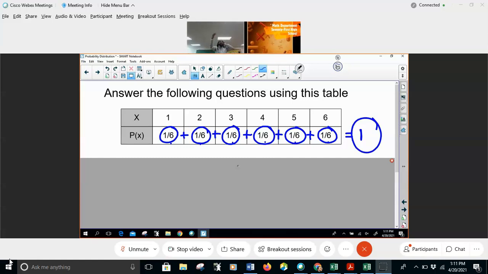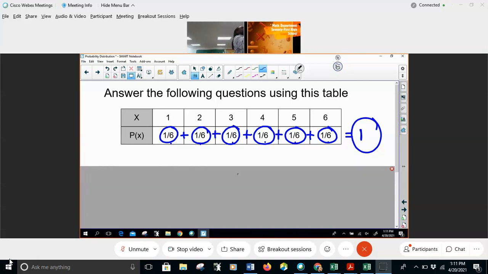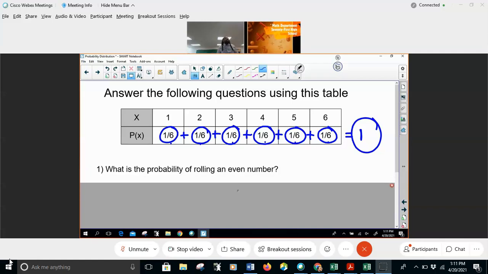All right, so coming back again to that table we had about rolling the die. We said there are 6 outcomes: 1, 2, 3, 4, 5, 6, and there's a probability of 1/6 for each one of them. Now let's answer these 3 questions from that. Question 1: what is the probability of rolling an even number?